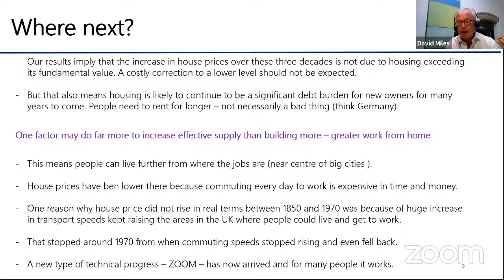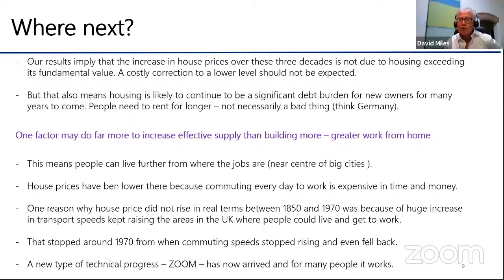It could try to offset the impact of very low interest rates by massively expanding the supply of housing in the UK, which would indeed, if it was successful, bring house prices down. But the scale on which you could plausibly do that is unlikely to have a very dramatic impact. In the UK, over the last 10, 15 years, we've struggled to build much more than 200,000 houses a year.